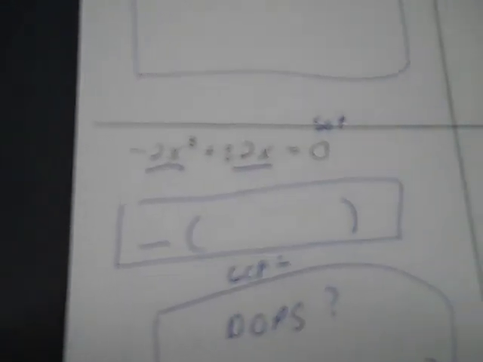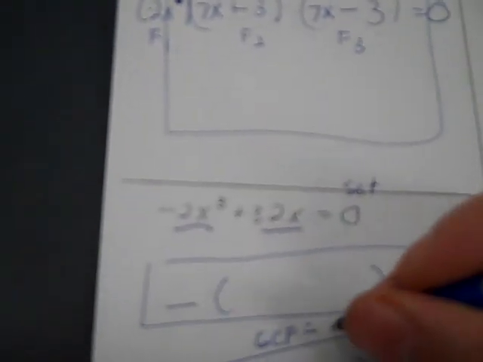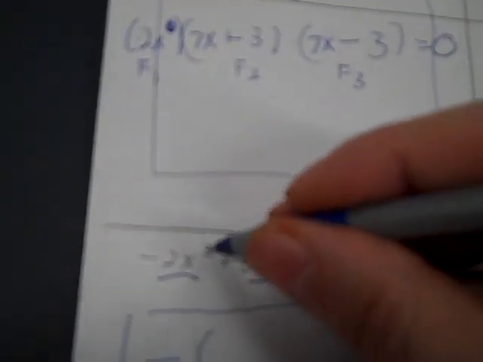Okay, so the GCF: is the first number in the equation negative? Indeed, so negative. Is x on both terms? Well, we have x to the third and x to the first, so yeah, I need x to the smallest power. And then GCF calculator, 2 and 32, I got 2.